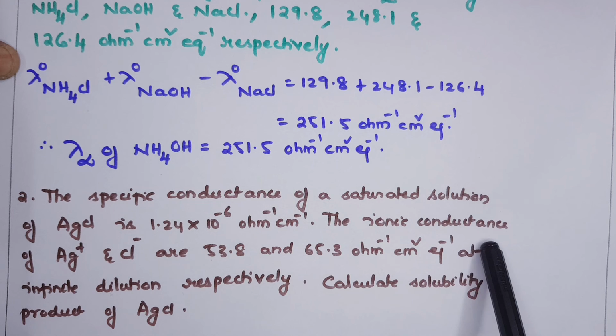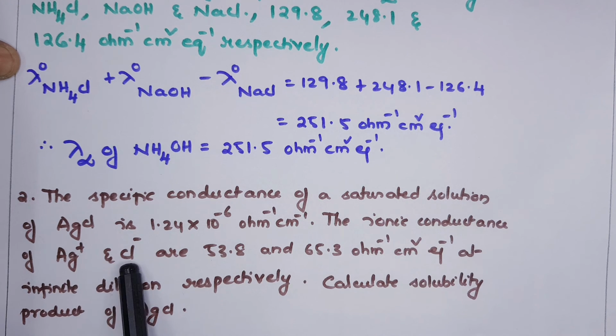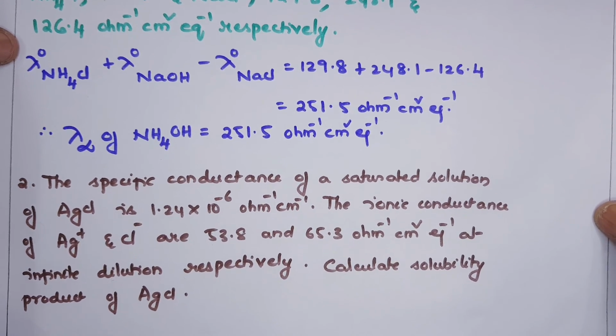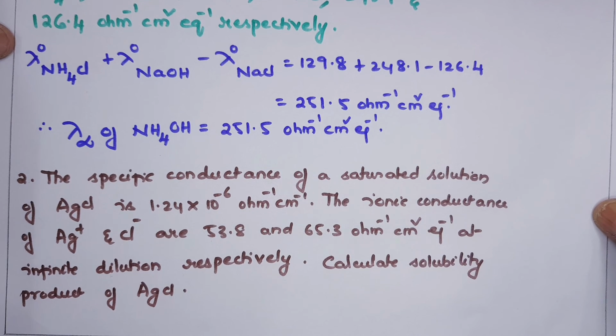The ionic conductance values of Ag plus and Cl minus are 53.8 and 65.3 ohm inverse centimeter square equivalent inverse at infinite dilution respectively. Now calculate solubility product of AgCl. This is the second application of Kohlrausch law of independent migration of ions. Just now we have seen, based on that, try to do this numerical, students.